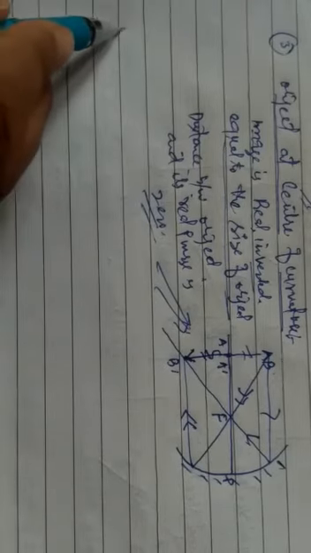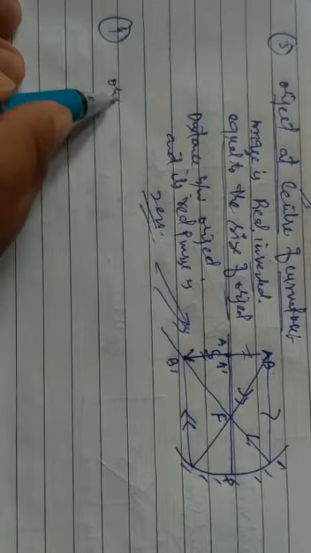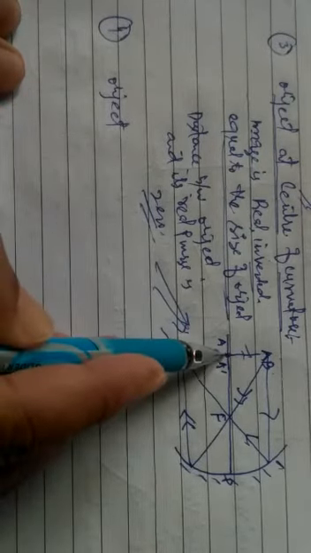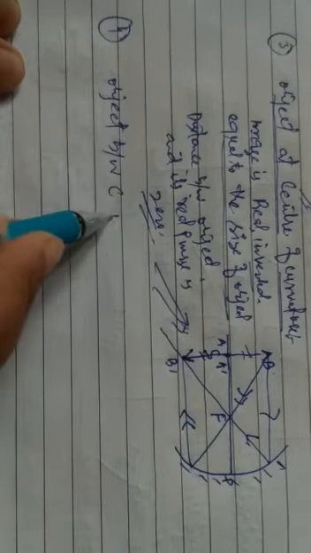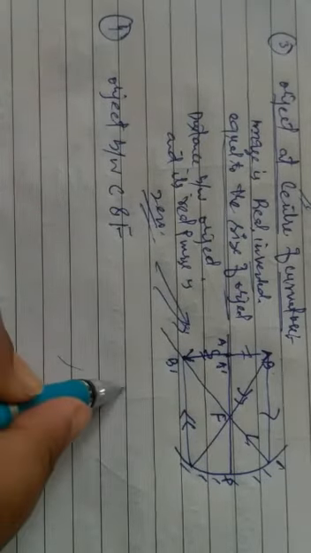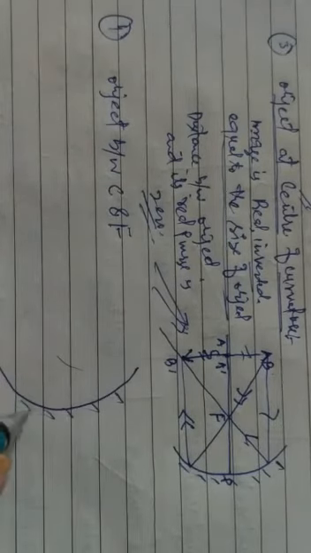Then we have the fourth case. The object was at the center of curvature, now we are going to put the object between C and F, the center of curvature and principal focus. Let's make it out. This is a concave mirror.